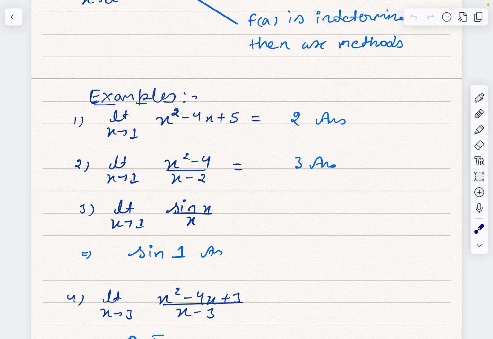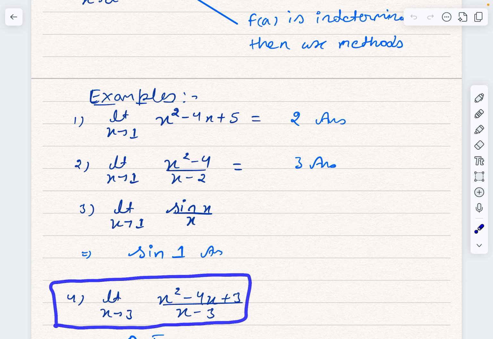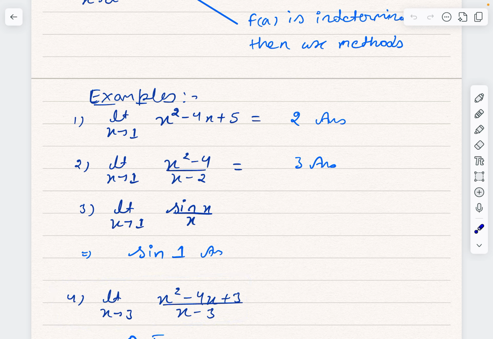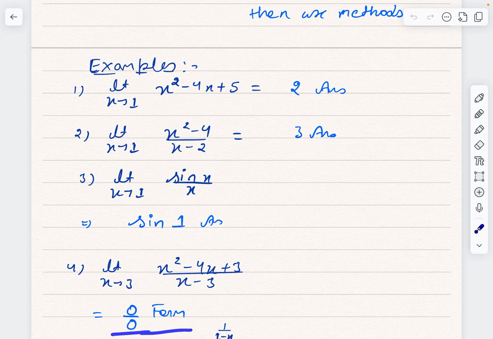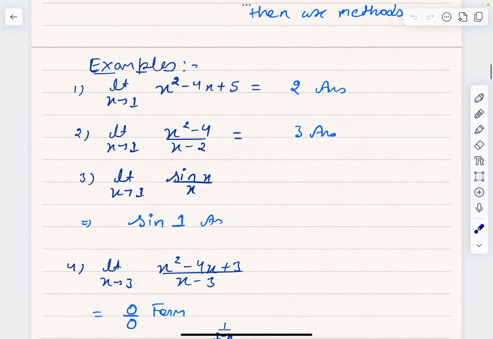Next problem. Limit x tend to 3 of x square minus 4x plus 3. Now, here if you put x as 3, we get 0 by 0.